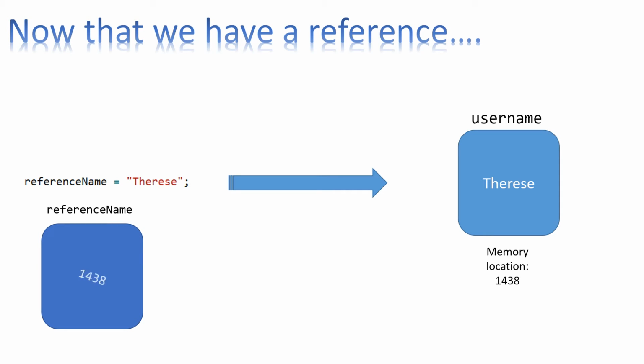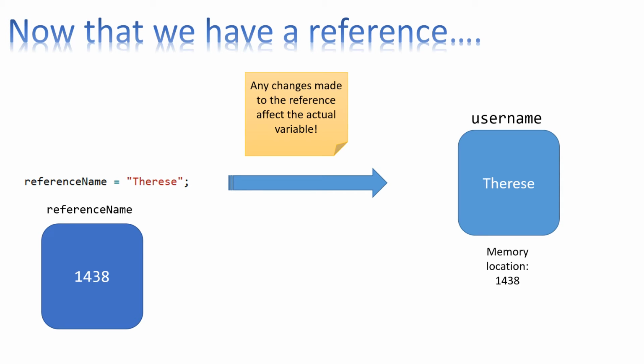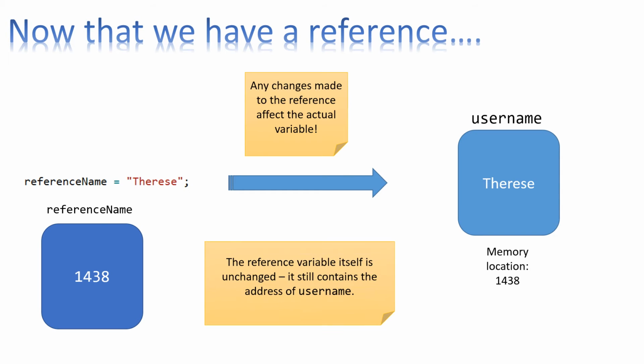The value of reference name is still 1438, the address of username's memory location. Any changes made to the reference affect the actual variable. The reference variable itself remains unchanged. It will always contain the address of username until it finally goes out of scope and its memory gets used for something else.